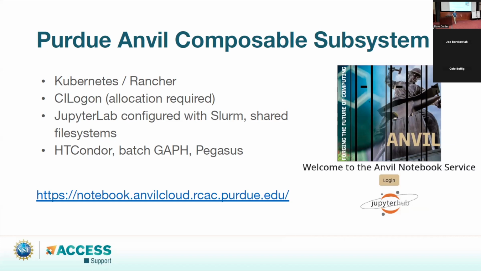And this is a JupyterLab instance, so it's a little bit more powerful than our Jupyter notebooks. But more importantly, what's really unique about this one is the co-location of Condor and Slurm here. We can easily translate jobs from Condor to Slurm on the same machine. And it really enables things like parallel jobs and quick interaction with the file system. So it's a very nice environment that they provide here.